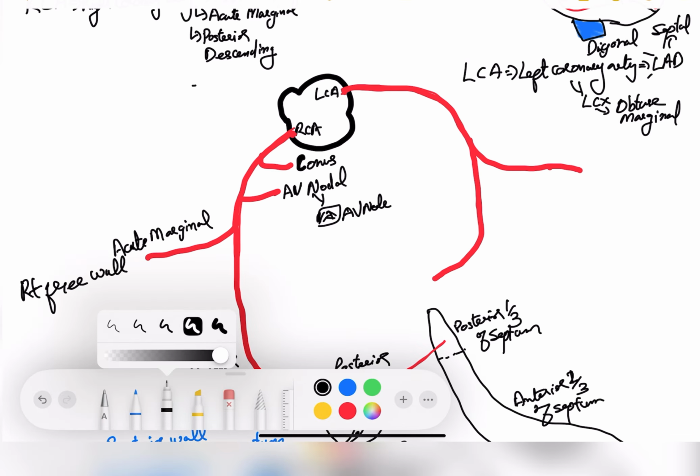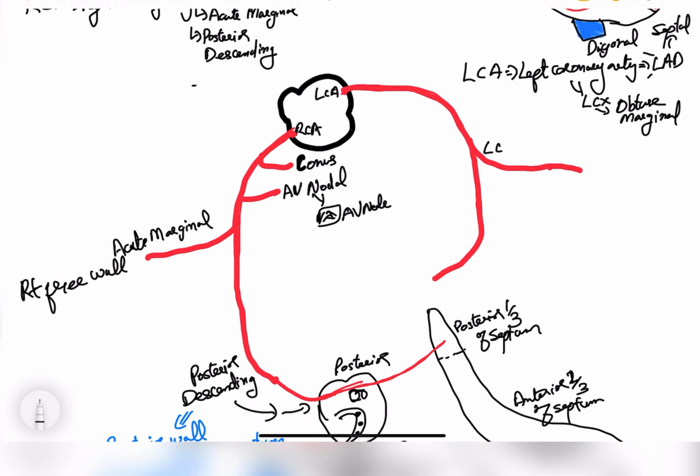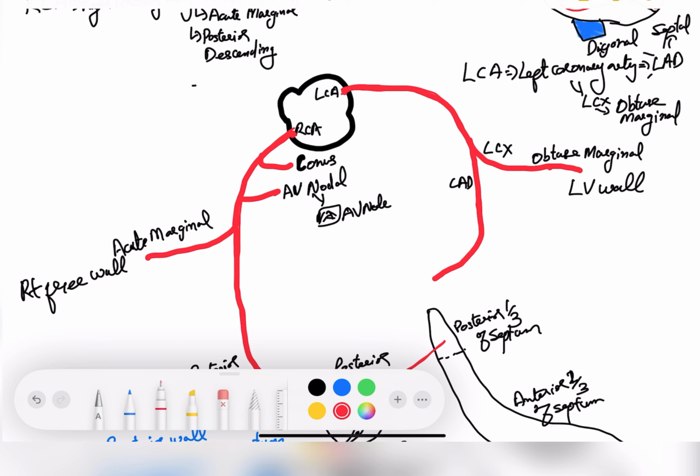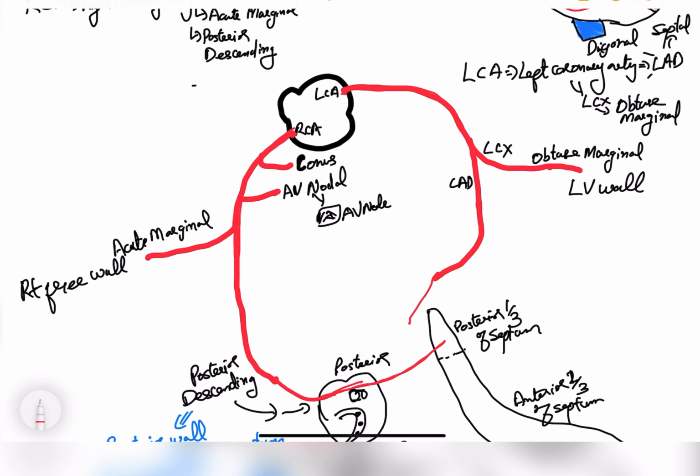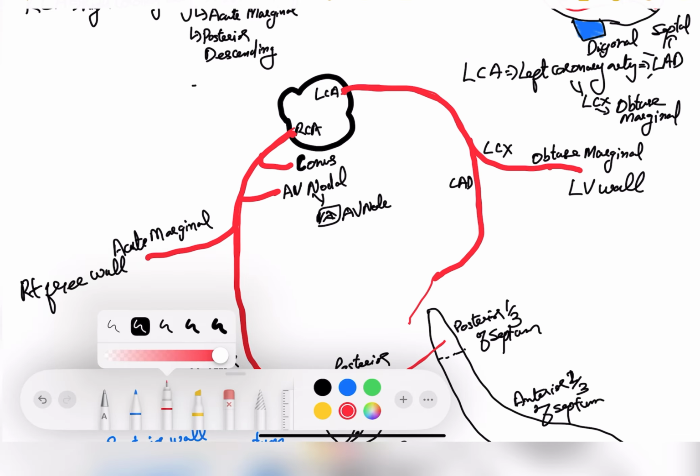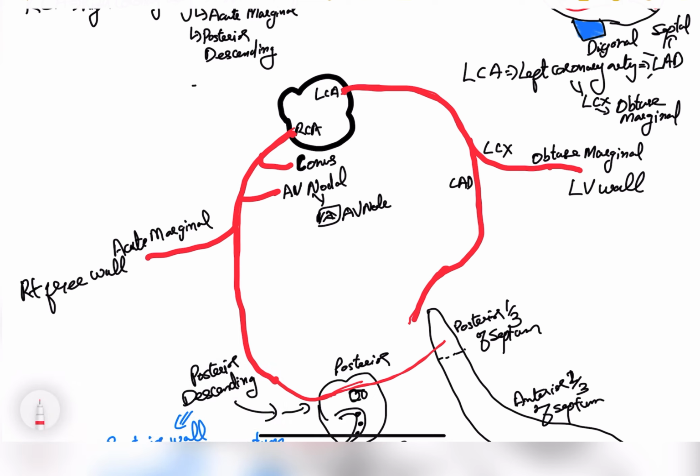So the right side has acute marginal, acute angle, remember that, and left side has LCx, which becomes obtuse marginal, obtuse angle. So that's how you remember. Now the obtuse marginal artery supplies the left ventricular wall, while the acute marginal supplies the right free wall. So left and right, that's how you remember.